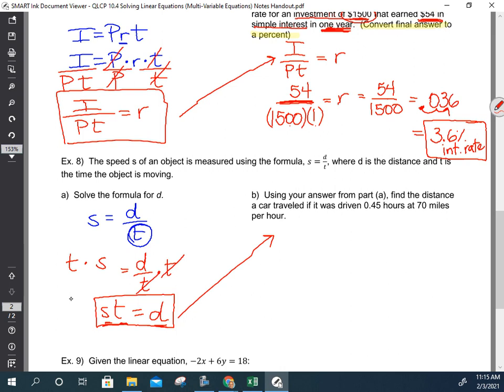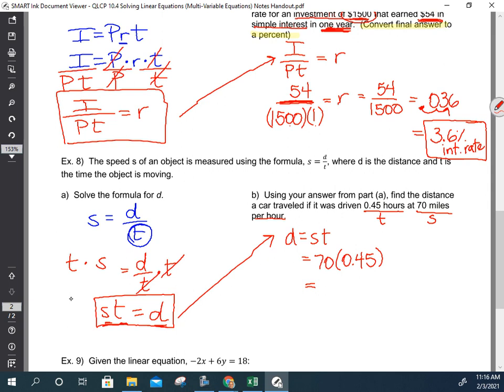So now let's use it. Using your answer from part A, find the distance a car traveled if it was driven 0.45 hours at 70 miles per hour. So they told you how long you drove and the speed that you're driving. I'm driving 70 miles per hour.